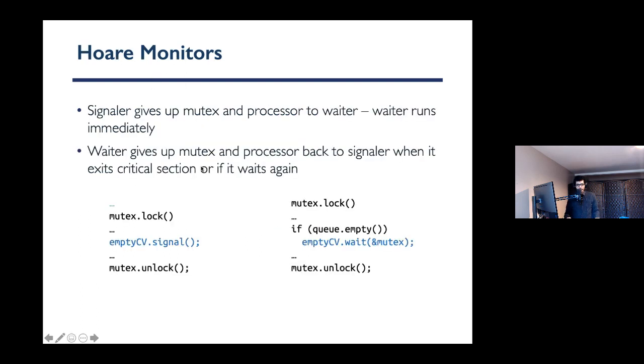So here's an example with the Hoare implementation. At the moment you call signal, you're going to give the mutex and the CPU to the waiting thread. So you context switch immediately and give the mutex to this guy so that this guy can run. Once this guy is done, you go back to the signaler and finish.